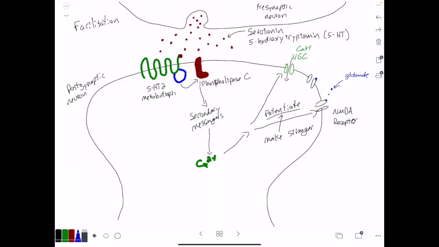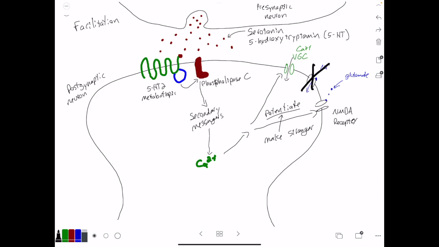And what they do is they allow sodium to come in, which in turn changes the membrane potential enough to open up a whole bunch of calcium channels. But if we make the calcium channels, say, more sensitive, then we might not need two. We might just need this one. So you can see how this will make it more sensitive. It facilitates this neurotransmitter communication that glutamate would do.